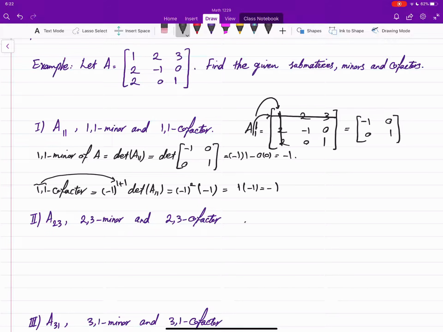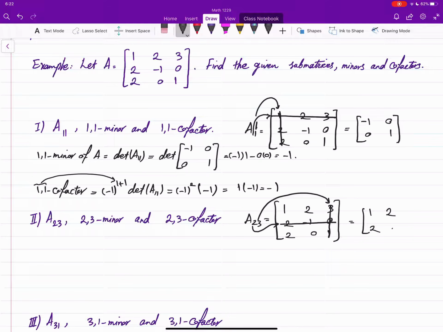How about A23? Okay, A23: you take the matrix A and delete the second row and the third column. This is going to be 1, 2, 2, 0. This is a 2 by 2 matrix, and that's the submatrix A23.